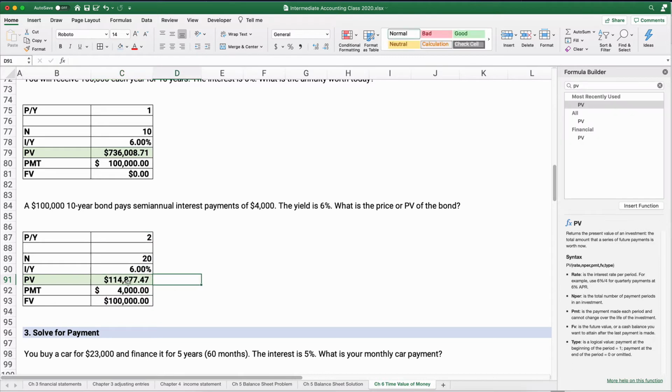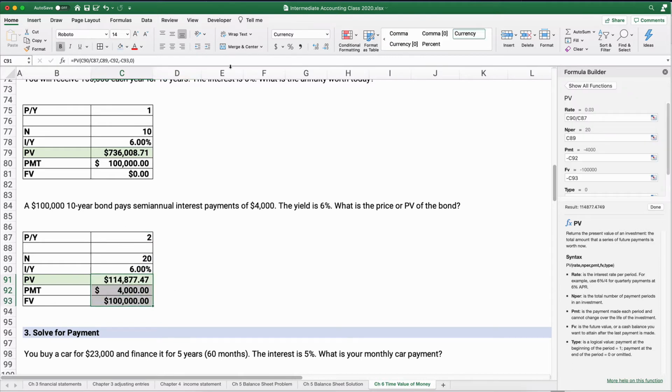So what is that bond worth? That bond is worth $114,877. So you could sell it today for $114,877, but you're giving up your chance to receive $100,000 in 10 years and $4,000 every 6 months, or $8,000 a year.